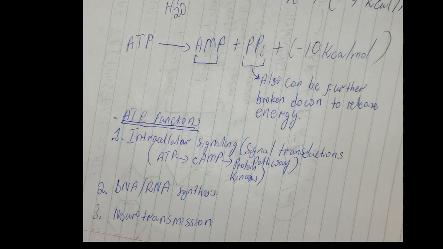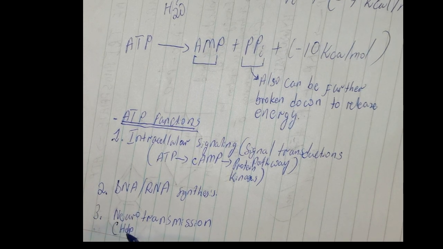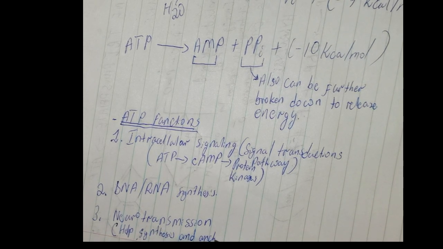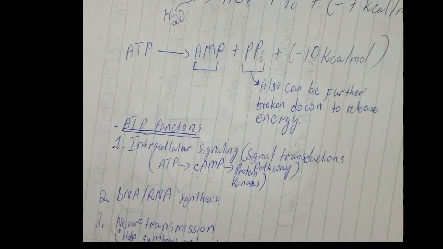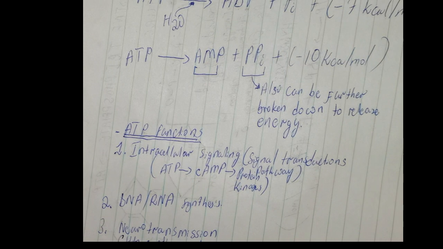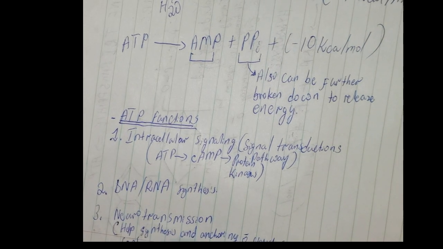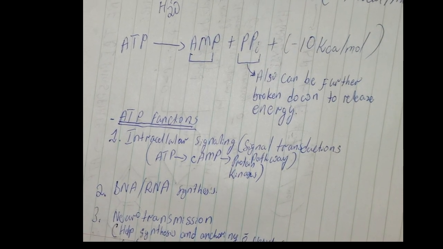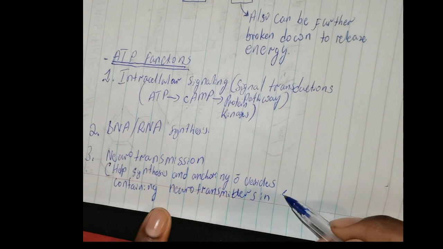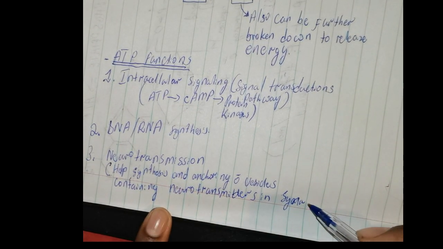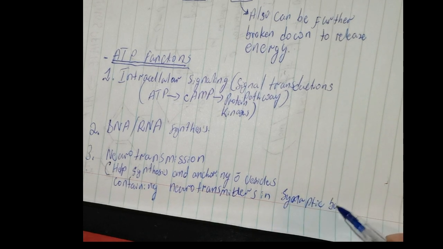Also, it works in neurotransmission, whereby it can be used to synthesize neurotransmitters, as well as transporting those neurotransmitters into the vesicles, and then anchoring those vesicles to the membrane so that they can be exocytosed into the synaptic cleft in our brain, or in our neural cells.